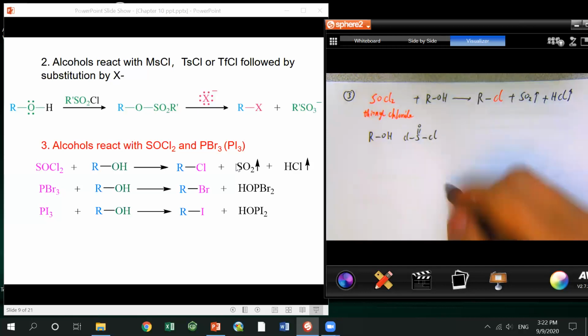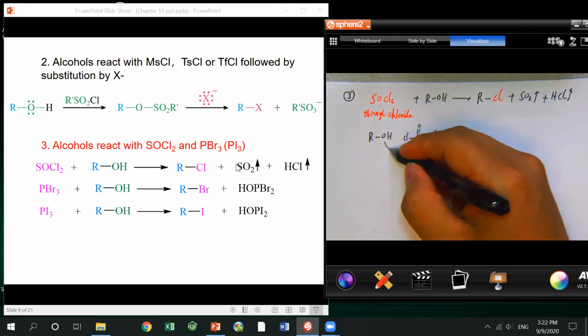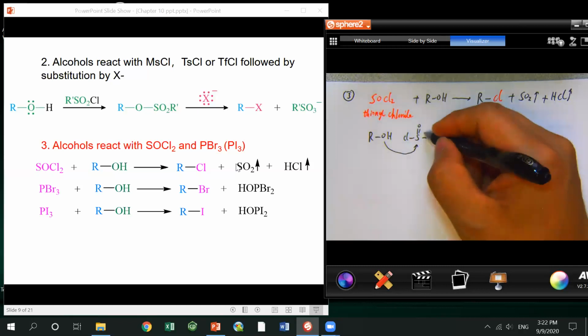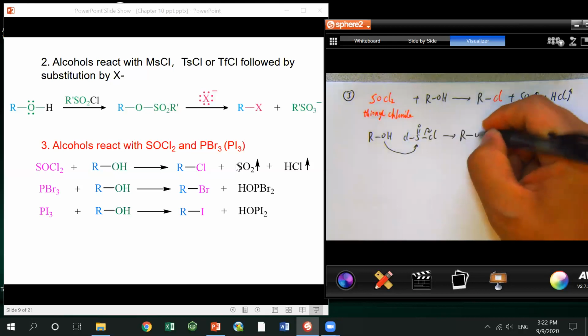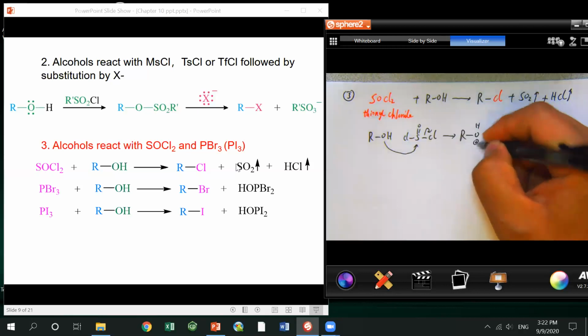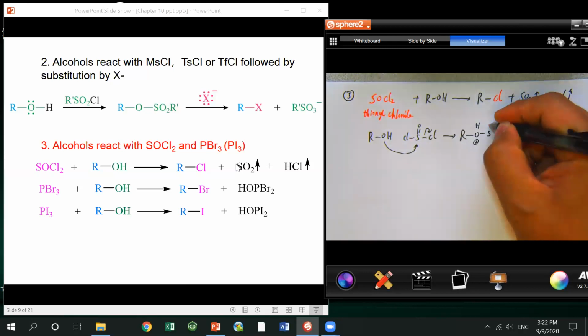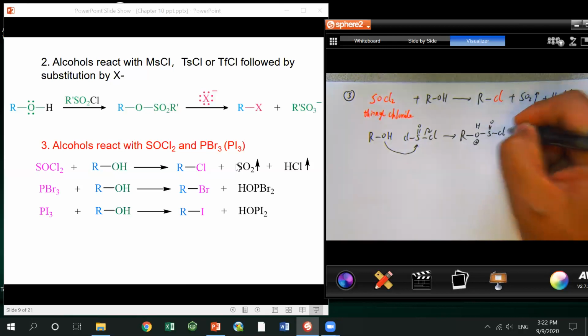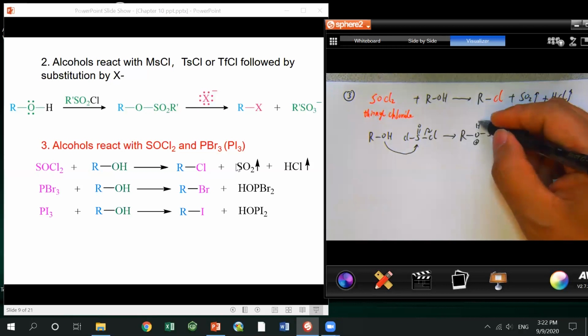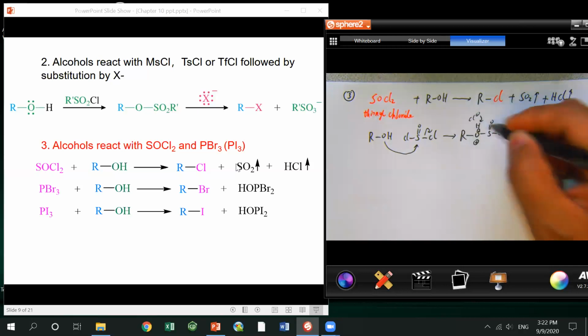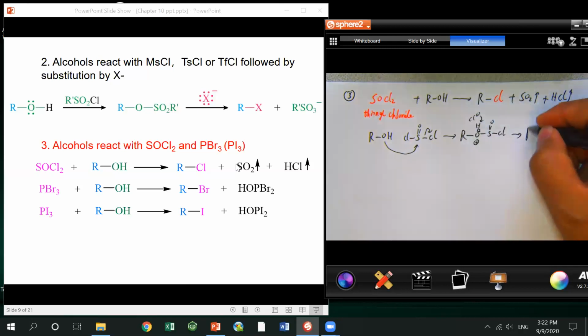So this is thionyl chloride. Pretty much the OH attacks the sulfur and kicks off one of your Cl. Then some base or maybe another chloride picks up the H, and gives you back something like this.